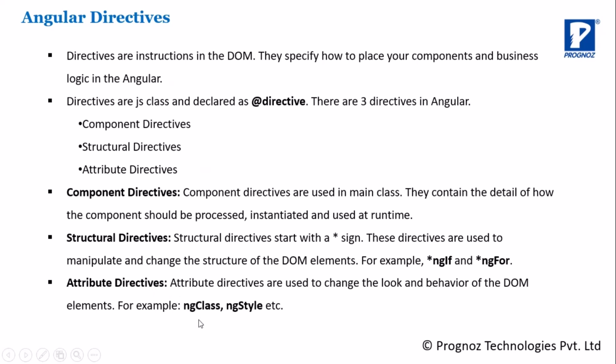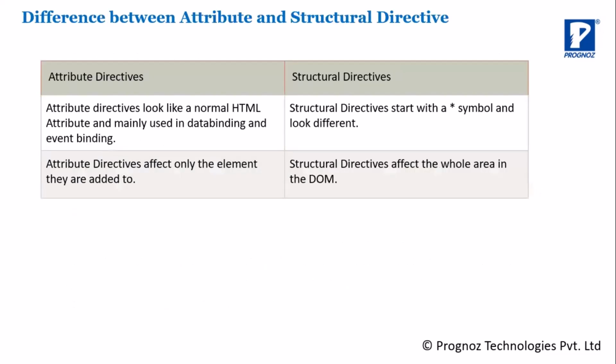And attribute directive: already you guys know the style attribute in the HTML. Class selector you know it, so that comes under the attribute directive in Angular. That is represented with ng class and ng style. How to represent the attribute directive? By using ng class and ng style we can represent the attribute directive.